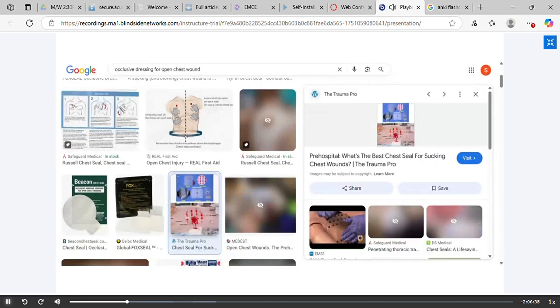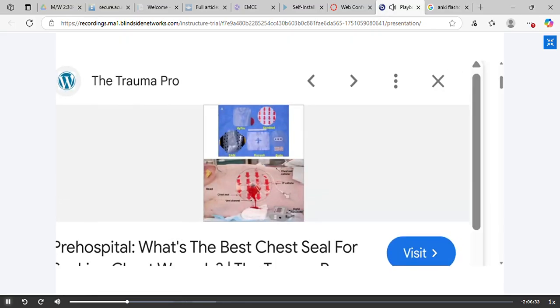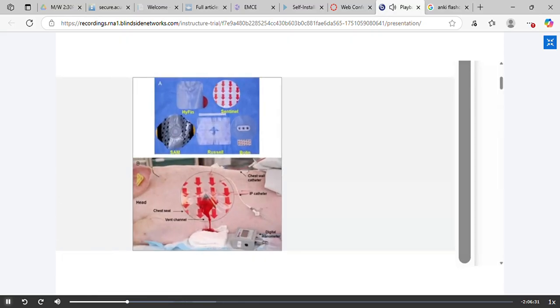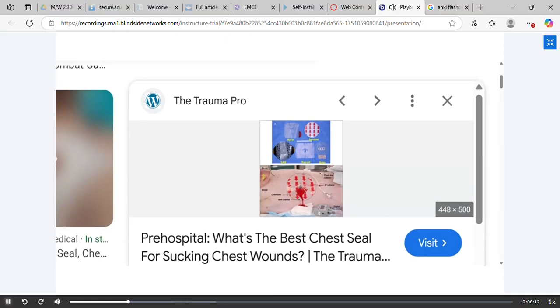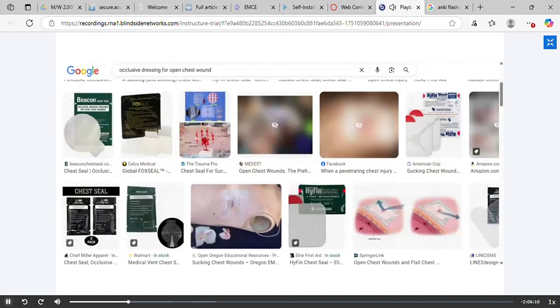These are some of the ones I've seen before that have little vents on them, right? There's multiple ones, but you place it over the wound and you make sure, see, here's your vent channel. You make sure that it still has that channel open, or that little vent open. Okay.